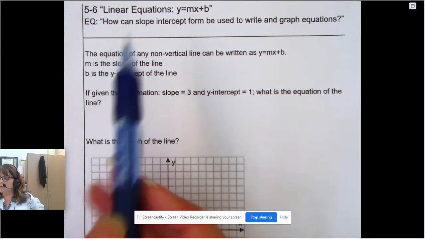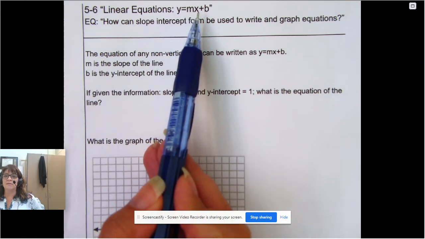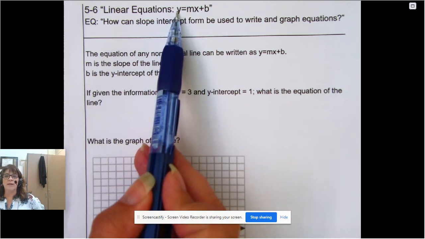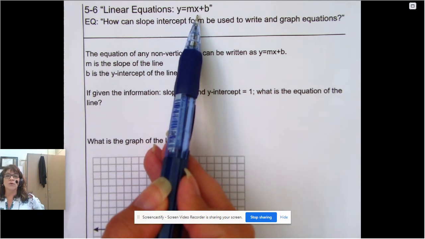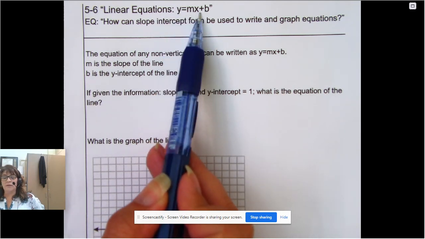Now, linear equations in the form y equals mx plus b. This is a very common form. It's called slope-intercept form, that you're going to find in algebra.